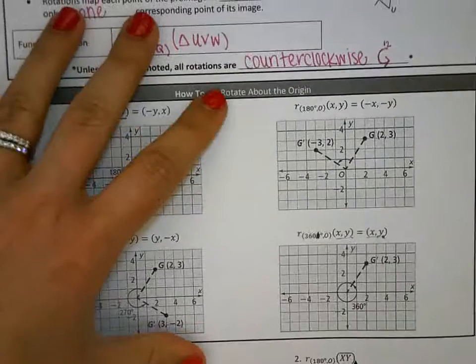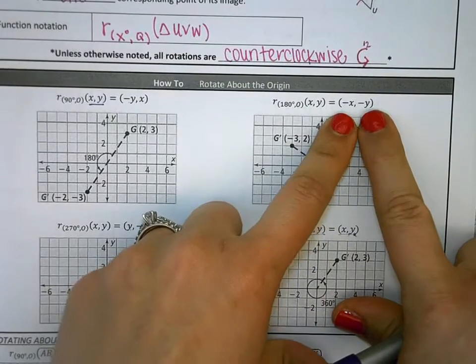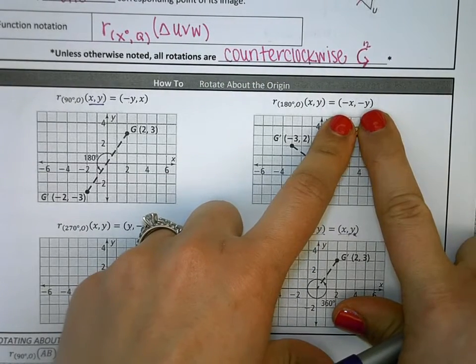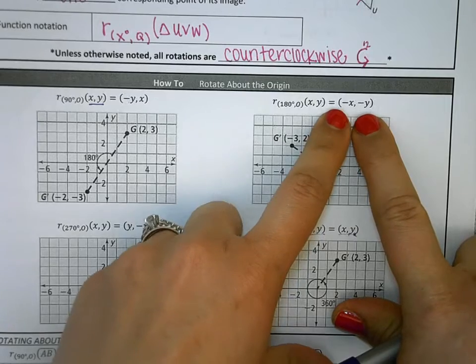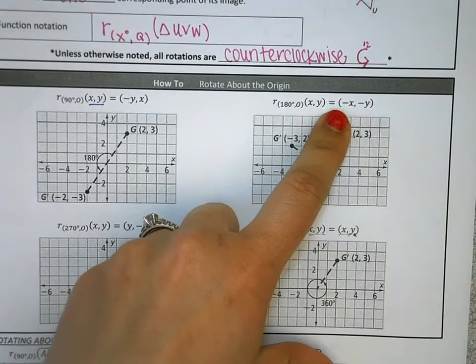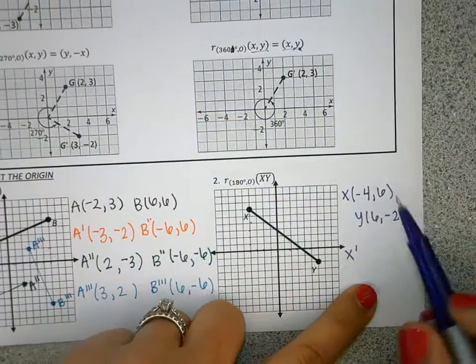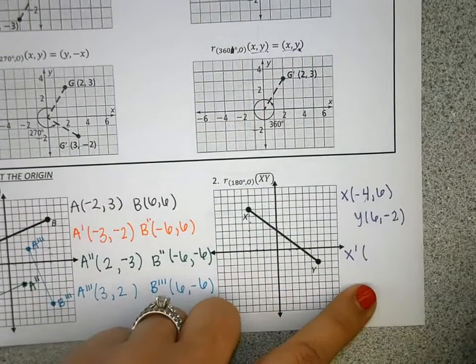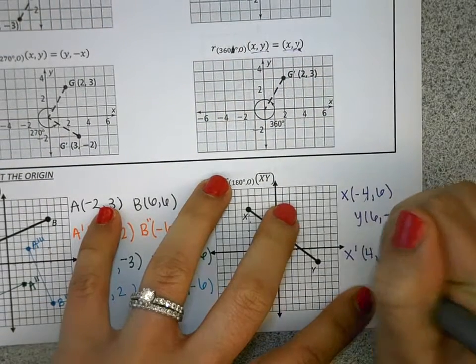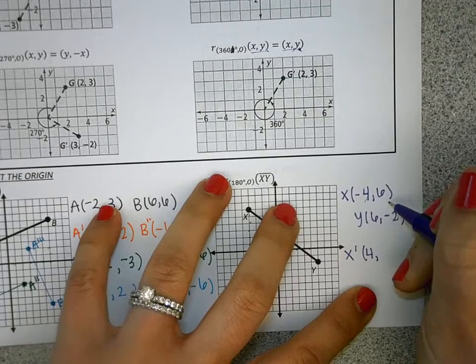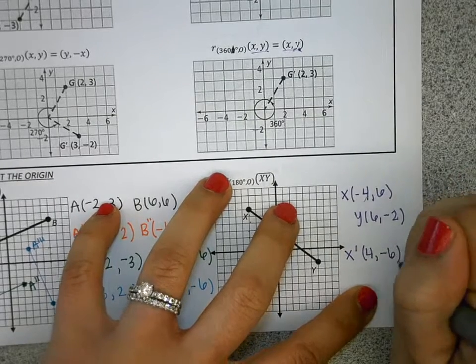Do the X and the Y switch places at all? No. But they both have negatives attached, so that means we change the sign of everything, right? So for X prime, instead of negative 4, it's going to be positive 4, and instead of positive 6, it's going to be negative 6.